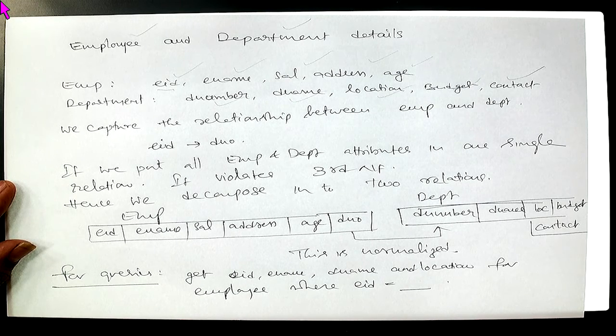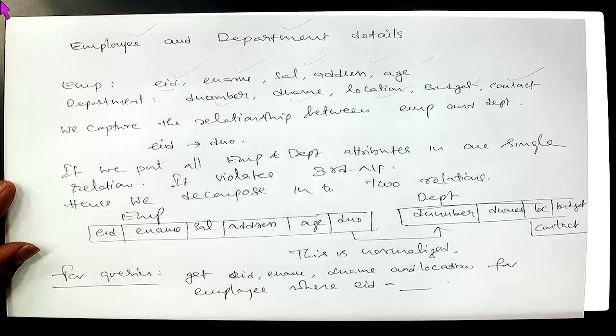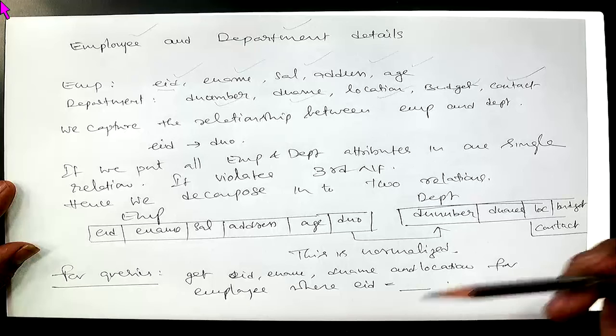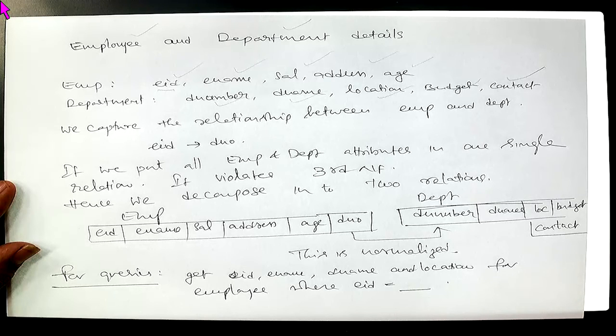In the design, if we put all employee and department attributes in one single relation, it violates third normal form. Suppose I have employee ID, employee name, salary, address, age, D number, D name, location, budget, contact, all in one relation.